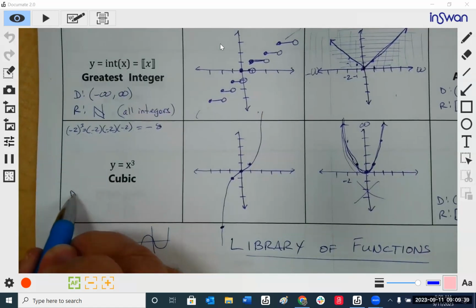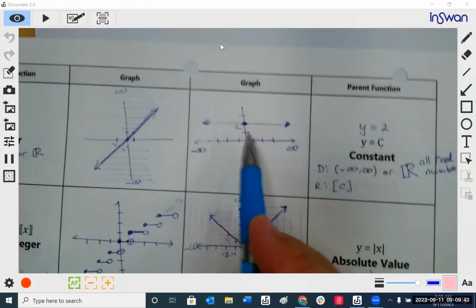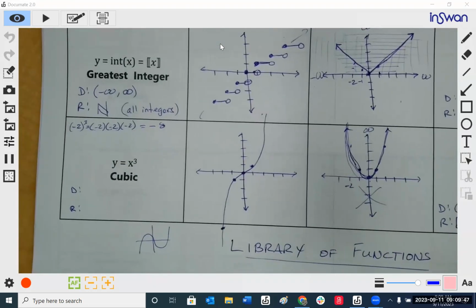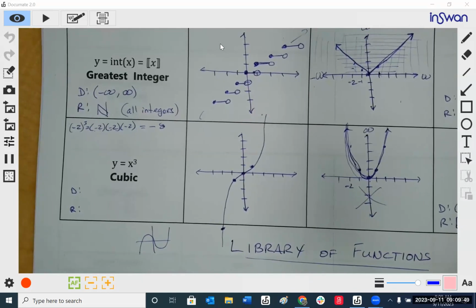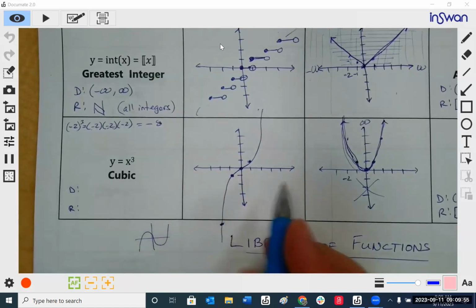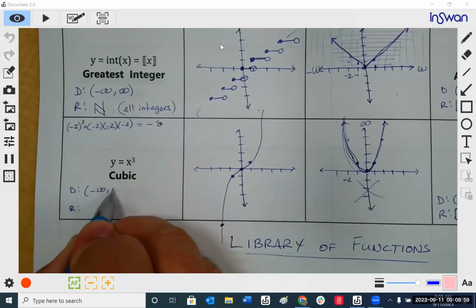What's my domain? And we did the constant function, that's our t. What's the domain? Because x can keep on going as far as you want to. How about the range?